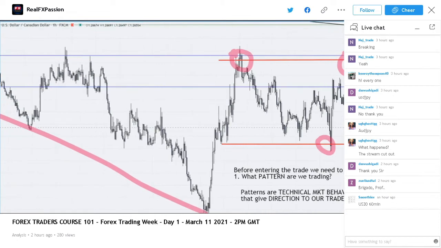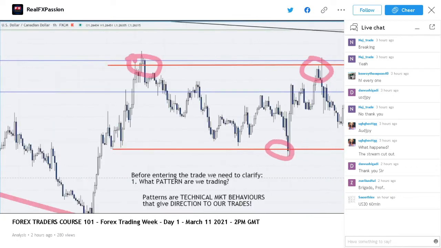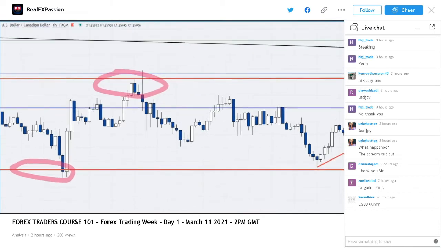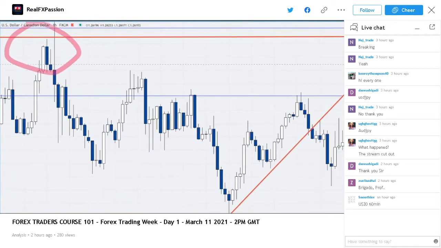We don't see the future, but the market was up and down, up and down, up and down. And if this was the chart, I would draw a counter trend line. We learned about counter trend lines too, in previous lessons.